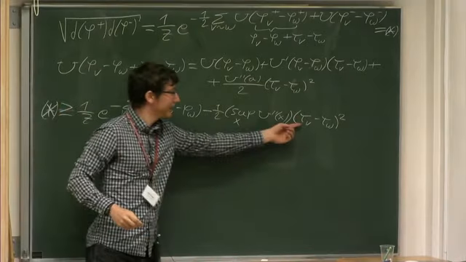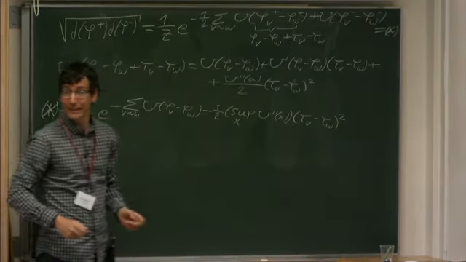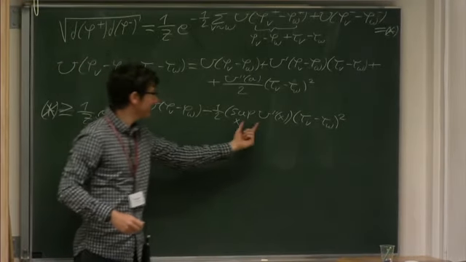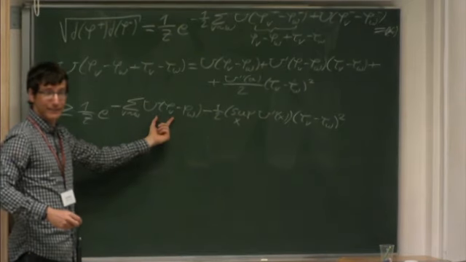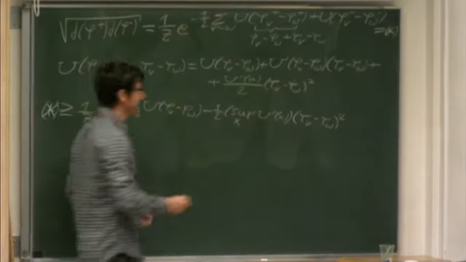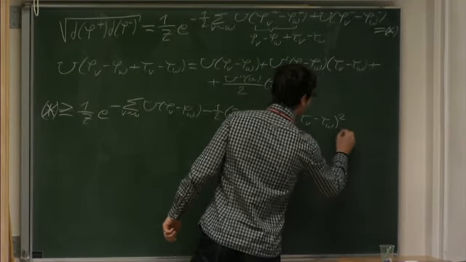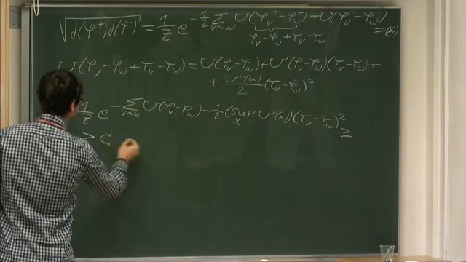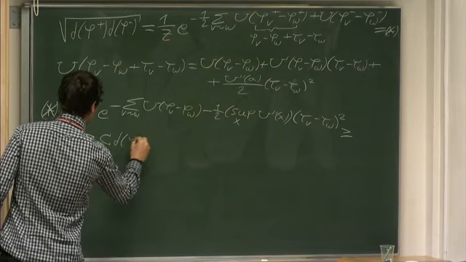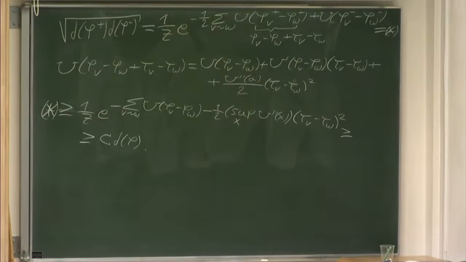Well, when I sum over all edges, I get at most a constant. This also is some constant. And this is exactly my original density. So I have obtained that this is bigger or equal to some constant times the density of the original function phi. This is the calculation of Pfister, a simple calculation.